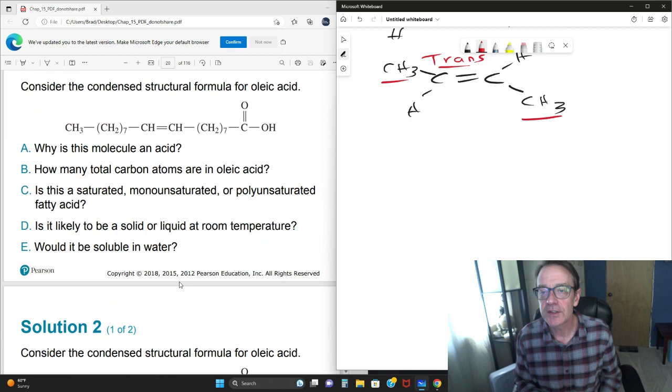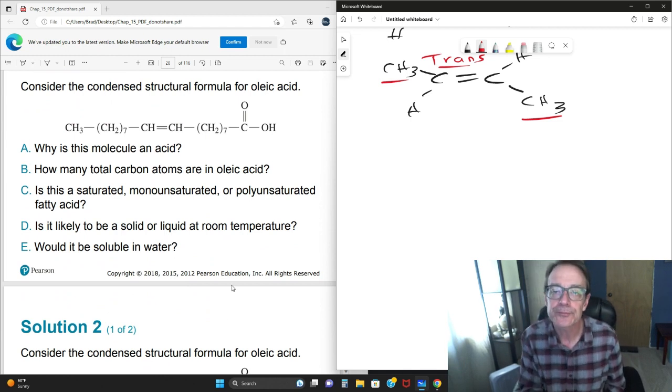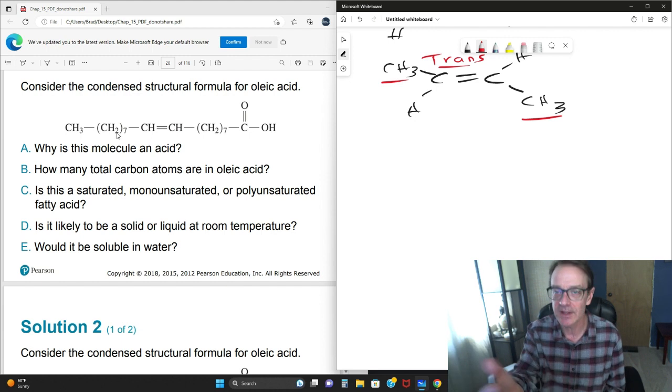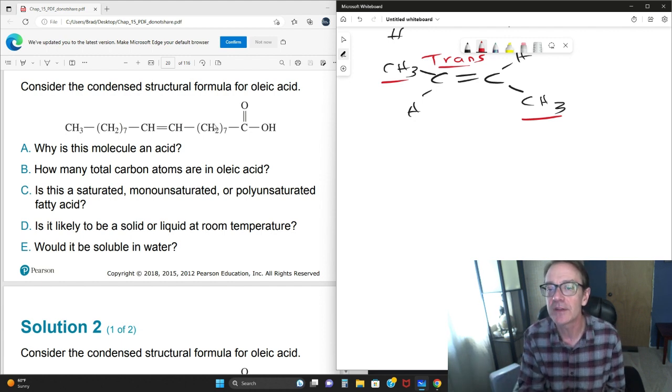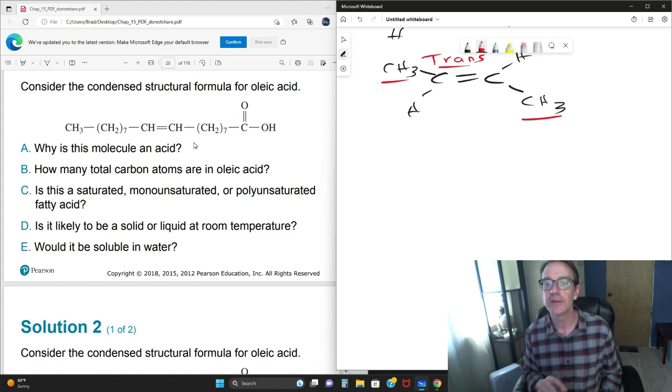Okay, so let's just kind of check if you ever have a fatty acid that comes up. It's an acid because it has a carboxylic acid out here on the end. Total carbons, we have 1, 2, 3, 4, and then 7. They just, instead of drawing CH2 7 times, there's 7 carbons, another 7 carbons. So 1, 2, 3, 4 plus 14, 18 total carbons.